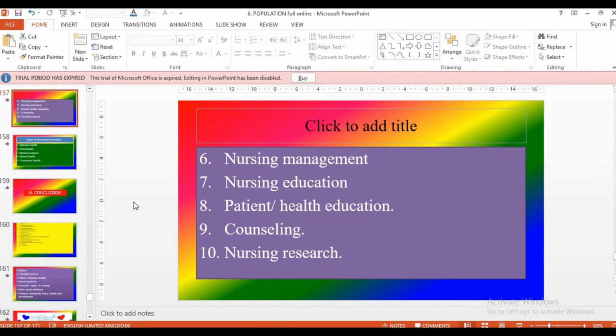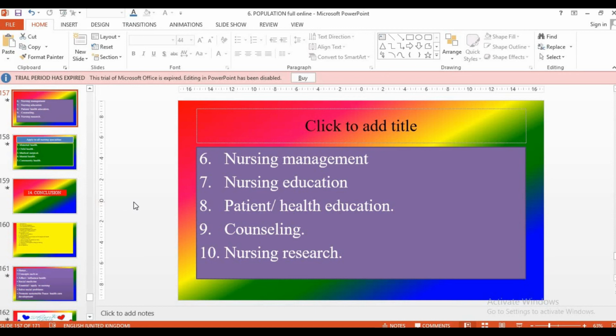10th one, nursing research. Student nursing research, population is a vital one. The reason is that population data collection, which age group need for particular research, which class, which means the economic status, and which geographical area.